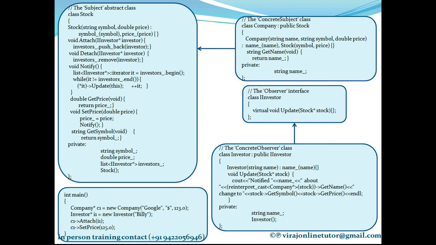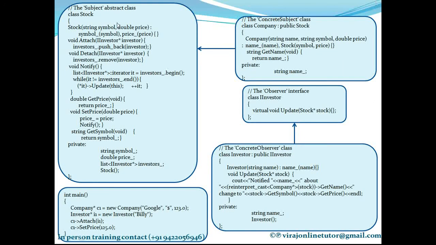The stock class is a subject abstract class. Whenever the stock price changes, I want it to be known to whoever owns that particular stock. So whenever the stock price changes, I want all the people who own that stock to know about the price change.